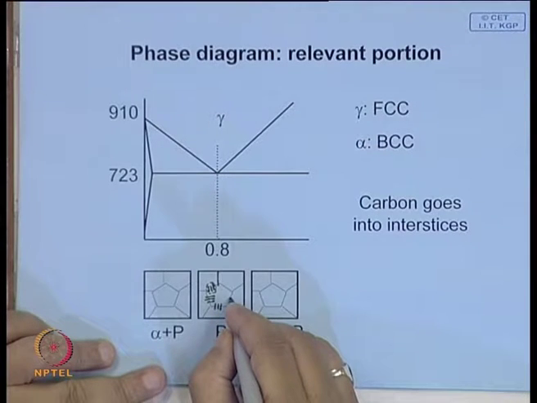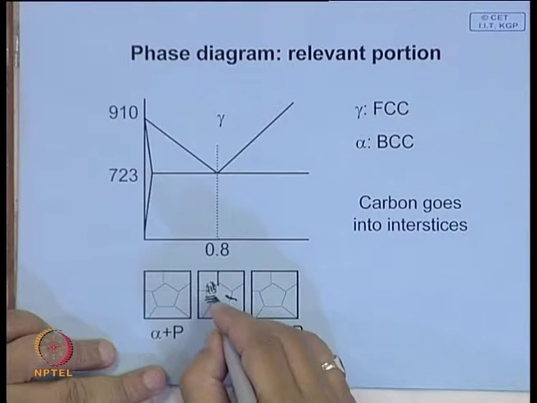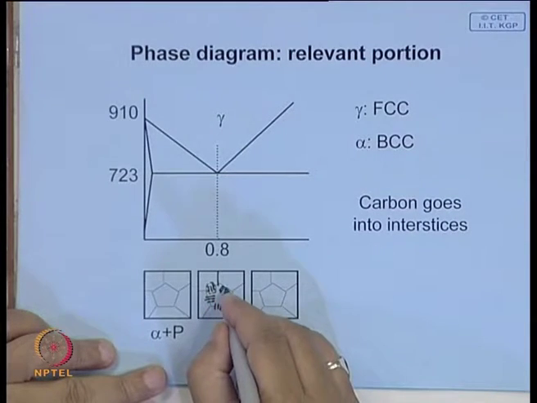So, when a cementite plate develops here, it can also develop in the austenite grain on the other side, and both will grow parallelly.